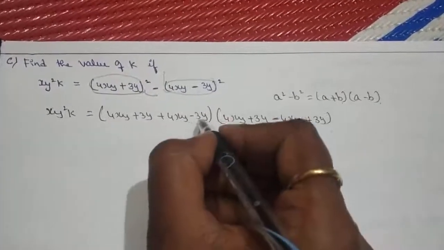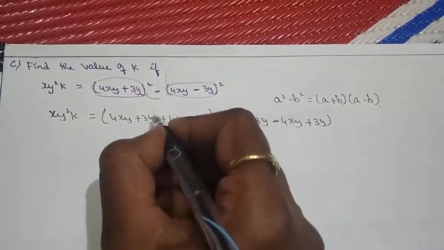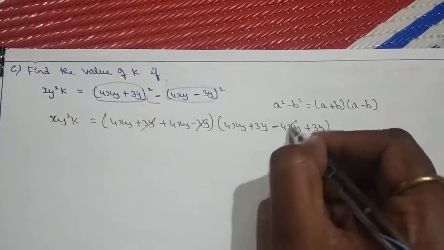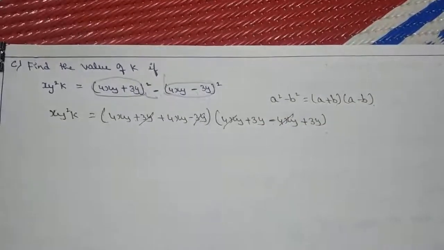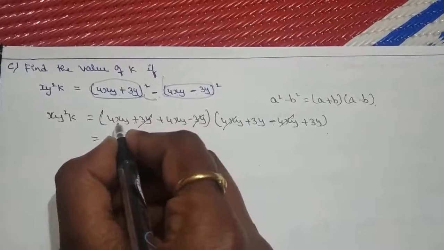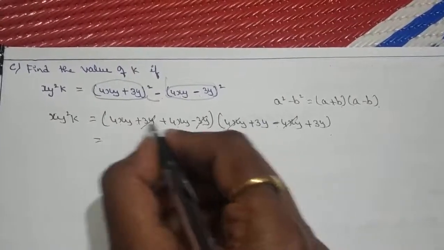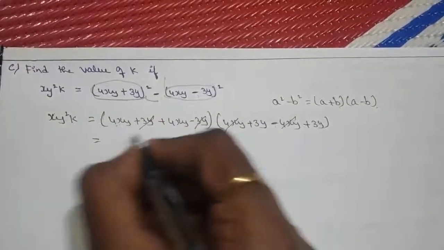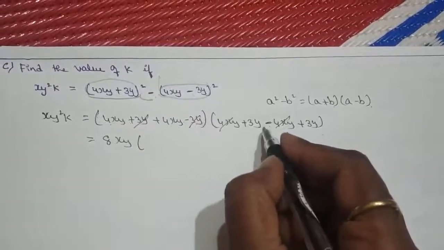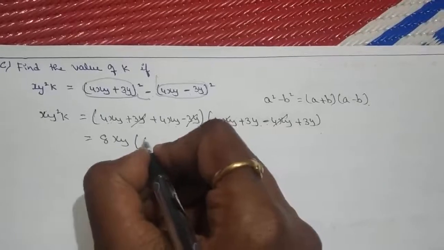So here minus 3y plus 3y get cancelled because of opposite sign, and here minus 4xy plus 4xy get cancelled because of opposite sign. Then what is left here? 4xy plus 4xy, addition of like terms, is nothing but 8xy, into here plus 3y plus 3y is nothing but 6y.